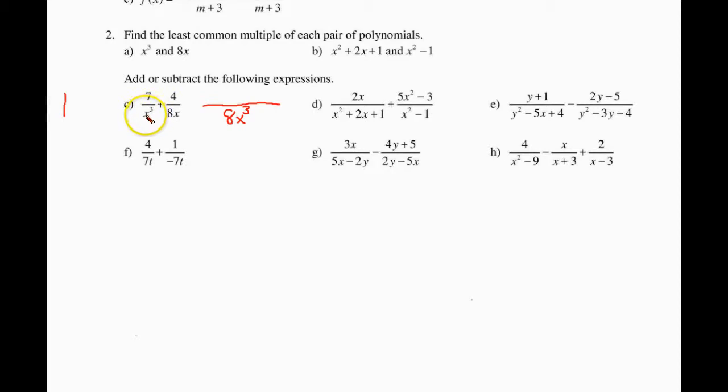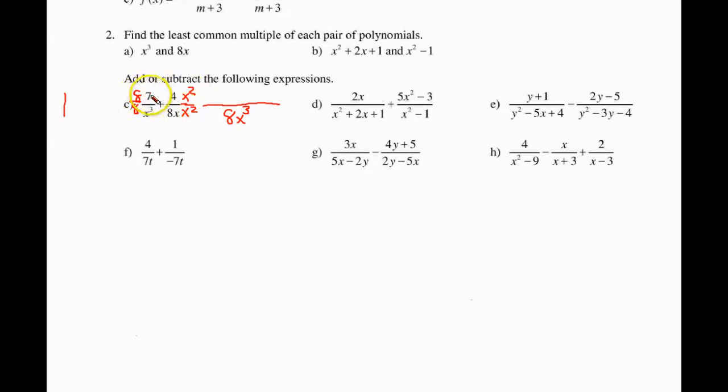Now I have x to the third. I need the 8. So my 1 over here will be in the form of 8 over 8. And what will this one need? Well, this one's going to need a 1 in the form of what? x squared over x squared. These are 1s.